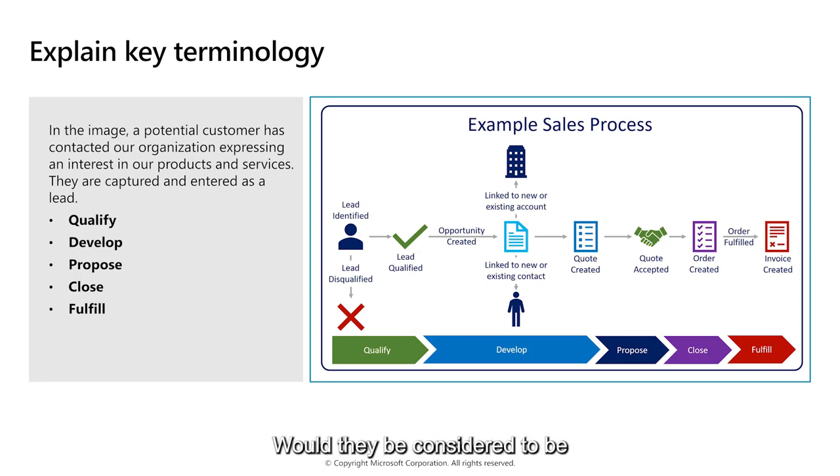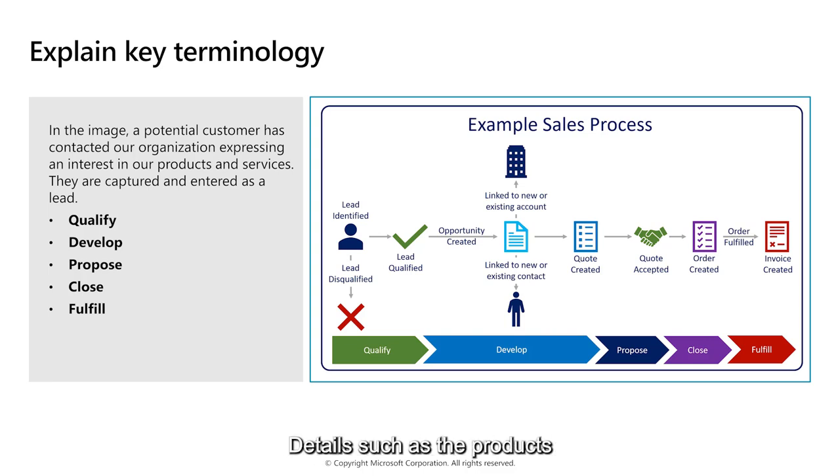Would they be considered to be a good fit or not? If they're not a good fit, then the lead is disqualified and the sales cycle ends. But if we determine that the lead is indeed a good fit, the lead is termed qualified, and then it's converted to an opportunity. And then we move across into the develop stage. The opportunity record is used to develop the details of the deal.